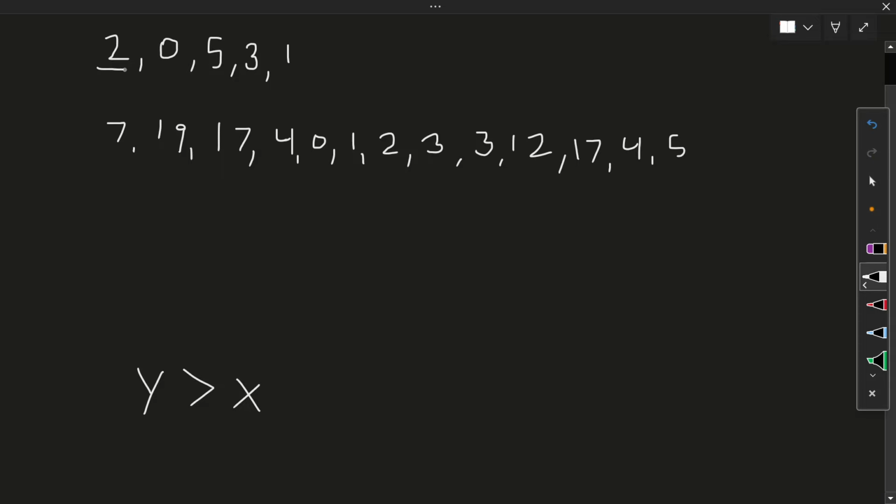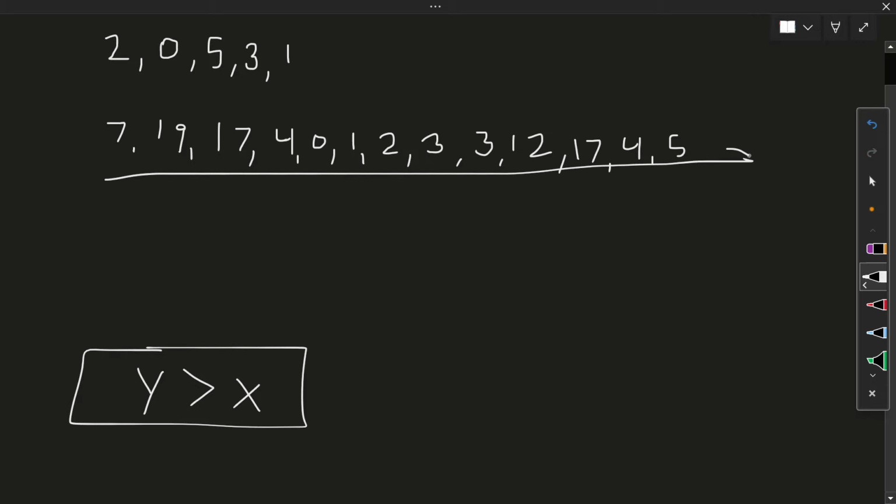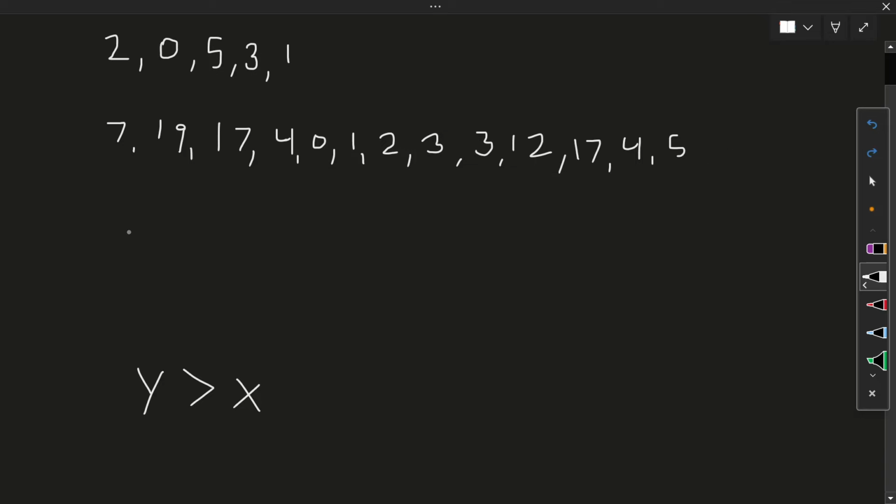First, let's check this pair. What we have to do is find the values of y that are greater than x. So instead of comparing each and every value, we can sort the second array. After sorting the second array, let me write the sorted array first.